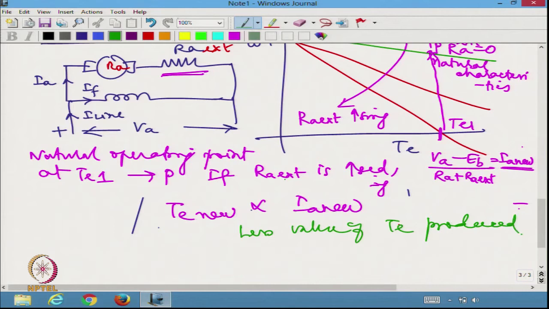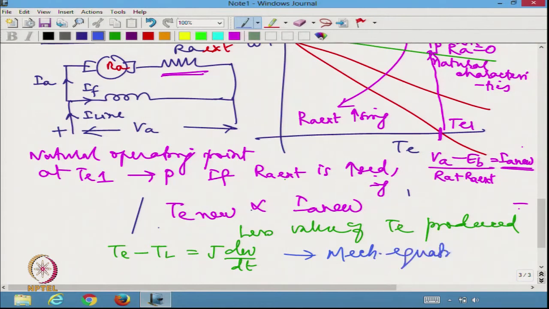So, if I look at the speed, it is going to be TE minus TL equal to J d omega by dt. If you may recall, this is the mechanical equation we wrote, right. Originally TE and TL were balancing each other, so omega was at a steady operating point.